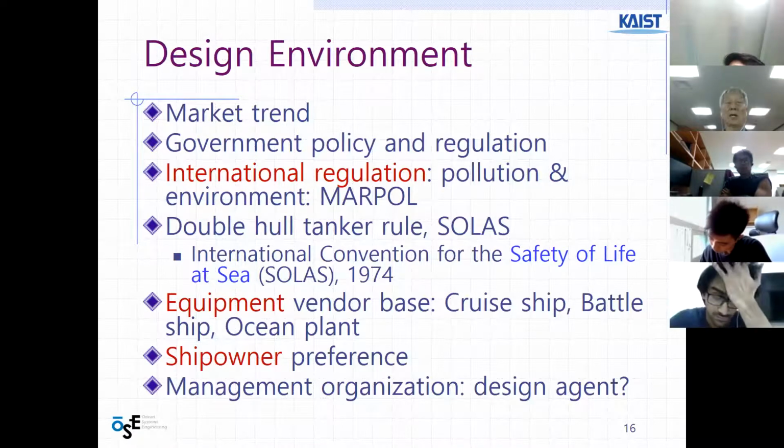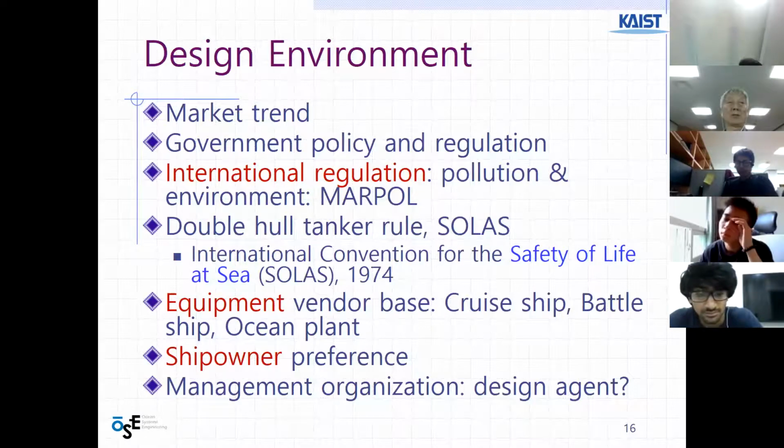Say if I have a building, I will be the building owner, but it is too big and complicated for operating. So I hire another company only for the operation, or management, of this building. So that is another organization doing another business. And ship is similar.